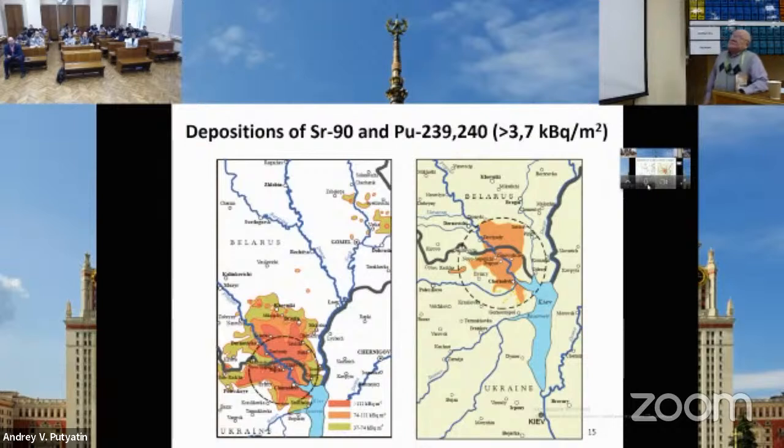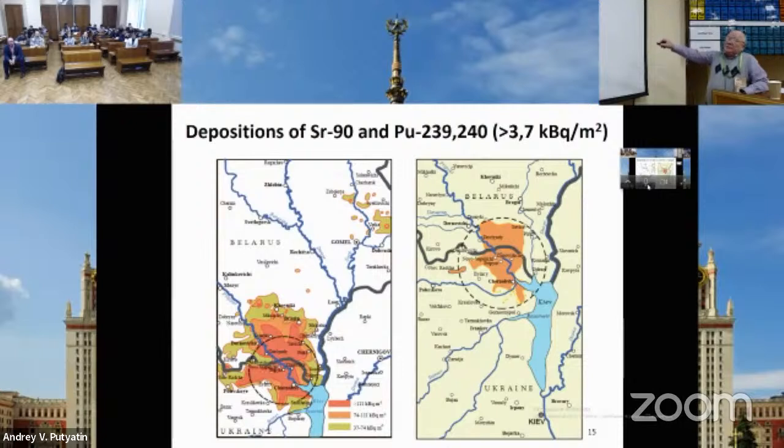So here you can see the map of contamination by strontium-90. This is strontium-90, and this is plutonium isotopes. The circle is the 30 kilometer zone around the Chernobyl nuclear power plant. You can see that most of the strontium-90 is inside the 30 kilometer zone.